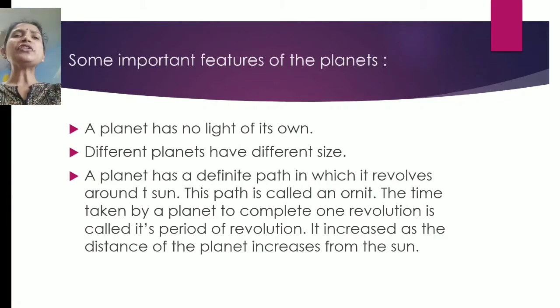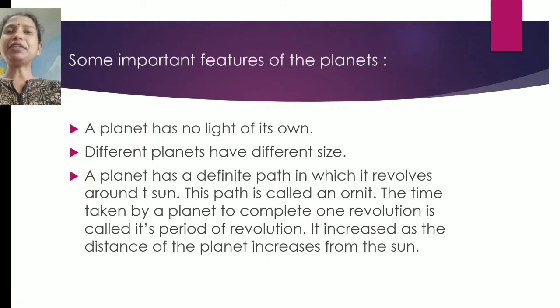Some important features of the planets. Some important features means some important characteristics of planets. A planet has no light of its own. Stars have their own light, that's why they are twinkling or flickering in the sky.